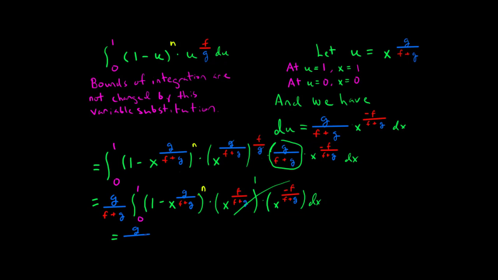So that's the beauty of this simplification that Euler came up with. I end up with g over f plus g times the integral from 1 to 0 of (1 minus x to the g over f plus g) all to the power of n dx.